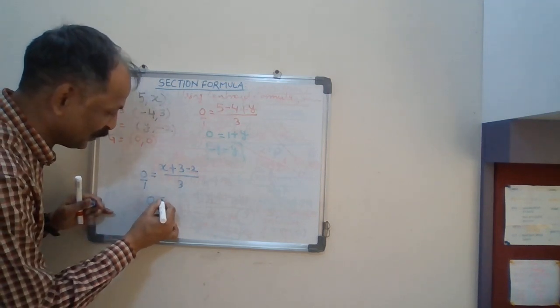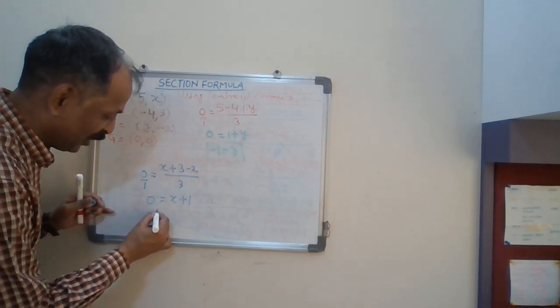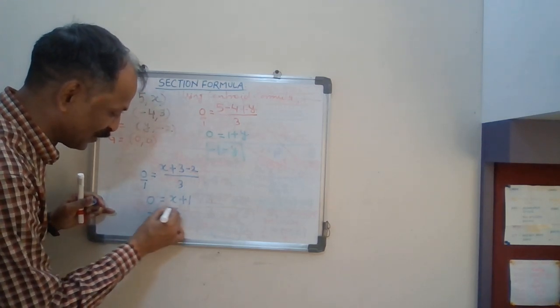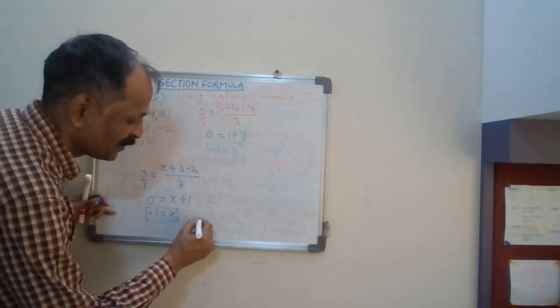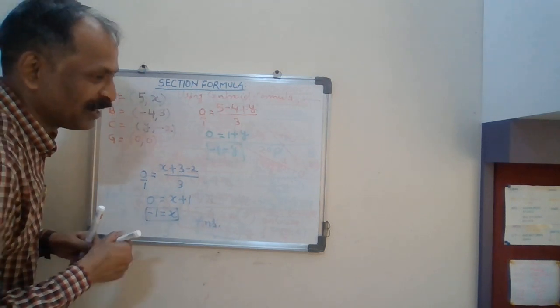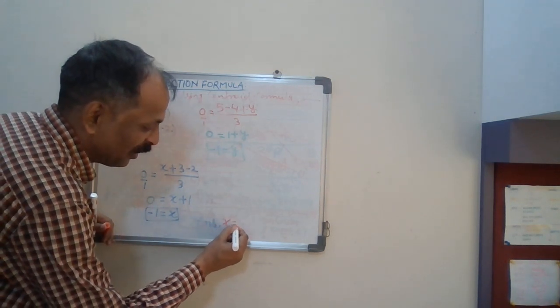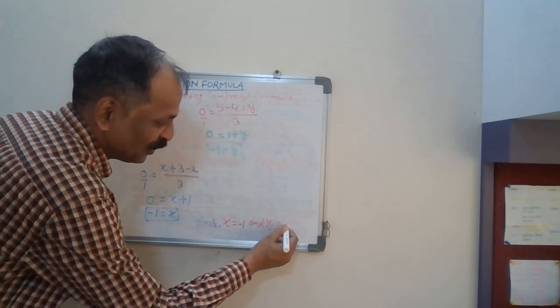So 0 equal to x plus 1, and 1 shifts here. So x also came minus 1. So your answer is, x is equal to minus 1 and y is also equal to minus 1.